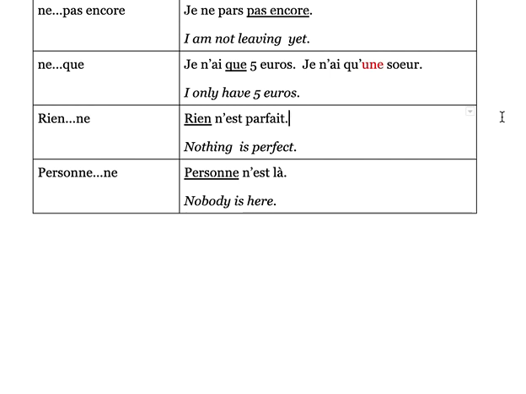D'accord? Allez, rien n'est parfait. Rien n'est parfait. Nothing is perfect. And personne n'est là. Personne n'est là. Nobody is here. And again, you might see that là and say, doesn't that mean there? Yeah, it does.